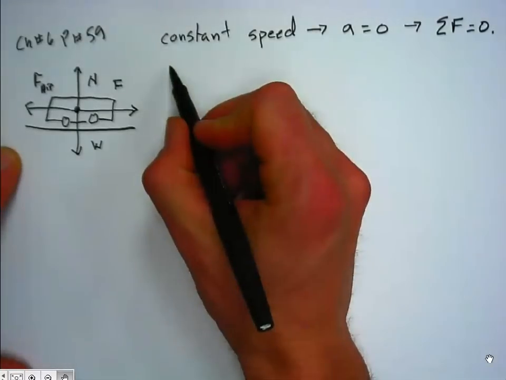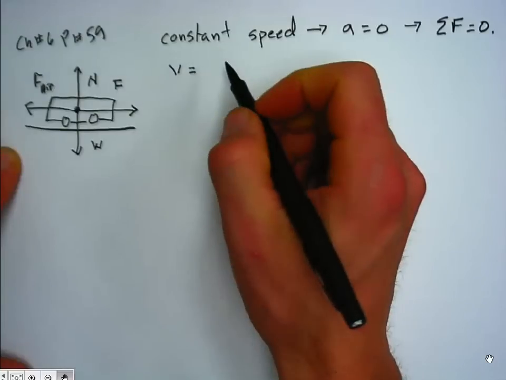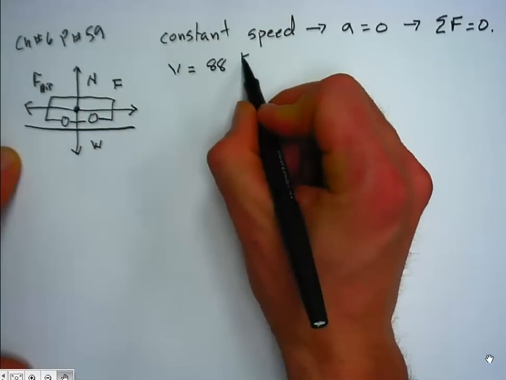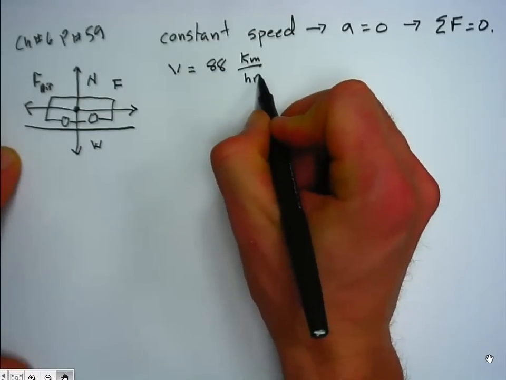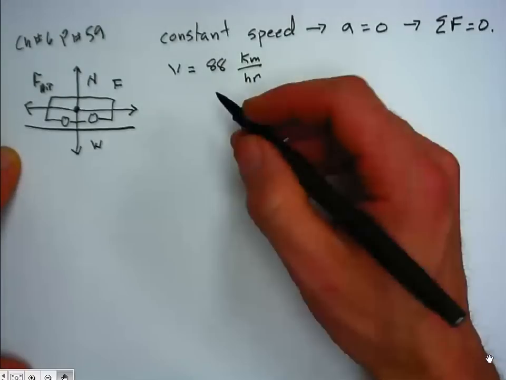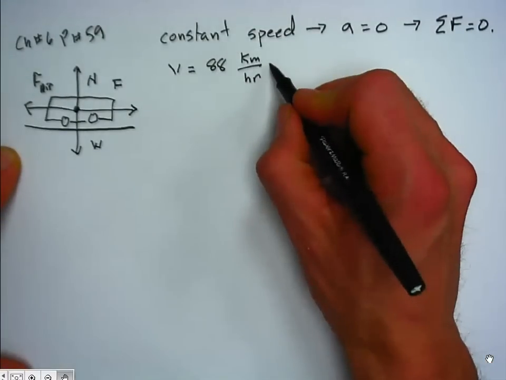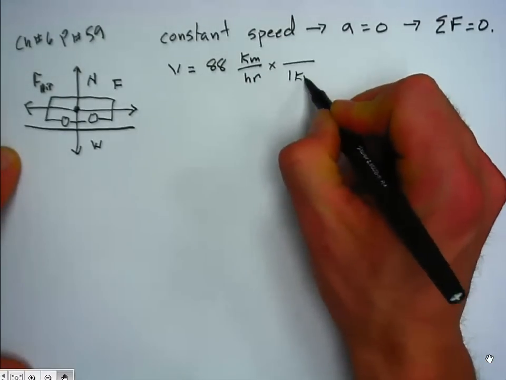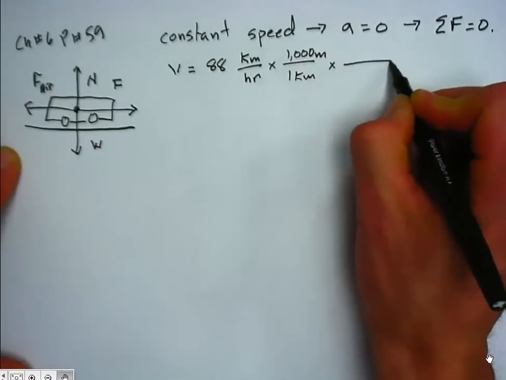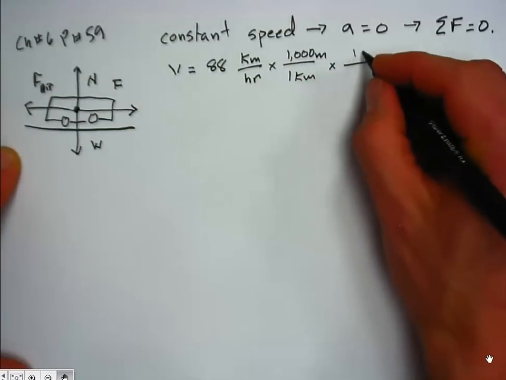Okay, what else do we know? We know that the speed of the car is 88 kilometers per hour, right? And of course, you're thinking what I'm thinking here. Ooh, kilometers, hours. We don't like that. Let's get rid of those. So 1 kilometer is 1,000 meters, showing my dimensional analysis here.